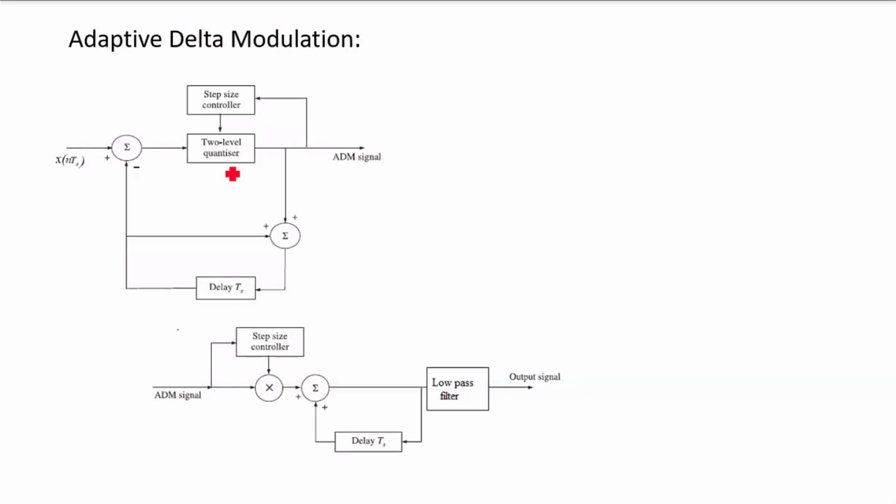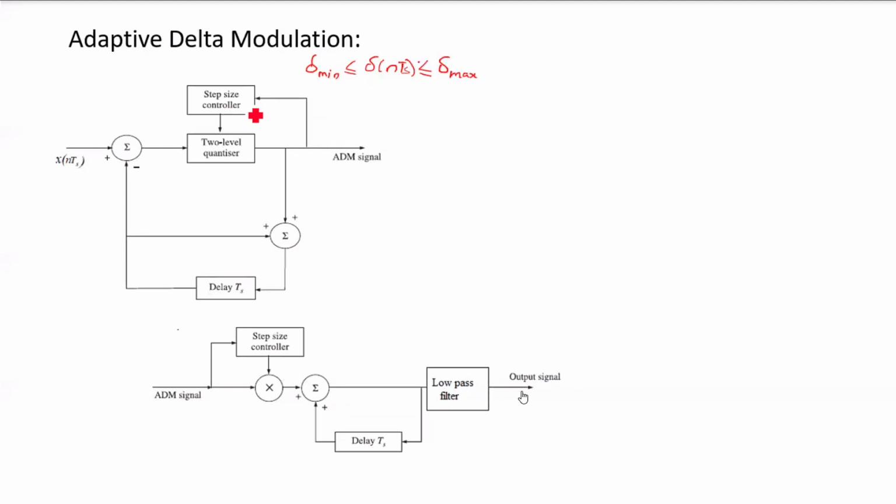It is just a delta modulation system, but additionally we have a step size controller. The step size can be made to move within delta min less than or equal to delta of n Ts, less than or equal to delta max.